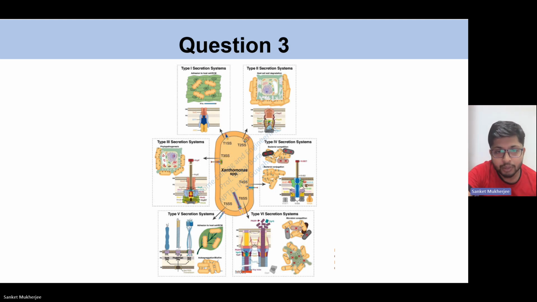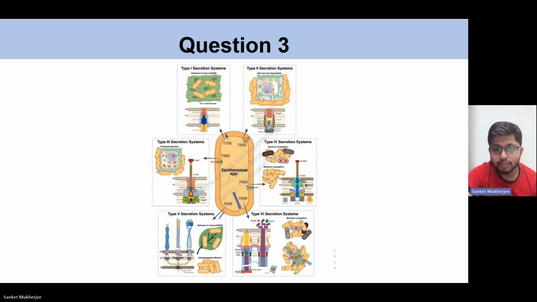And type 4 secretion system is important for bacterial competition and conjugation, while type 5 is important for biofilm formation or autoaggregation of the bacteria, or for adhesion of the bacteria to the host cell, very similar to type 1. It also helps adhering the bacteria to the host cell or its extracellular matrix.